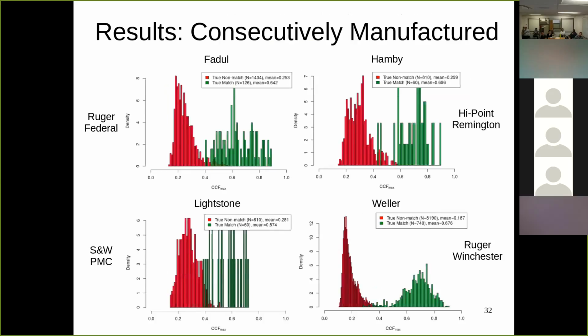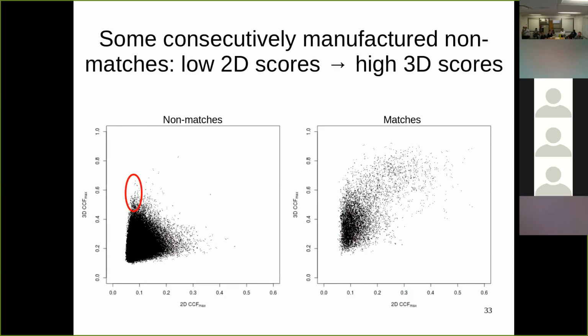And to try and see what's going on, we looked at the individual scores. So we found that some of these consecutively manufactured pairs had very low 2D scores for the non-matches, which ended up being high 3D scores, meaning that this area circled in red on the left plot, some of them were from the consecutively manufactured studies, which is a poor result.